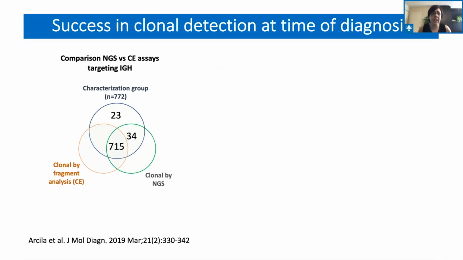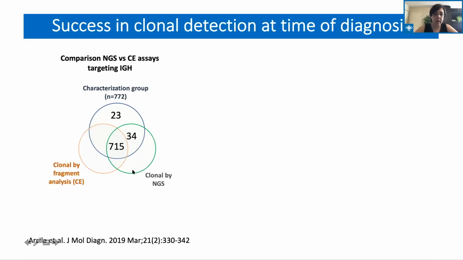So what is the success of clonal detection at the time of diagnosis if you use 5% as your cutoff for tumor content? It's actually very good, and it's very close to what you see with fragment analysis. The comparison between fragment analysis and NGS is actually very close.